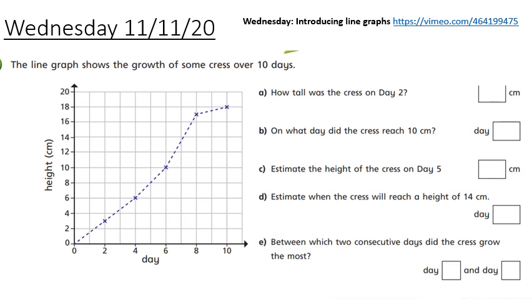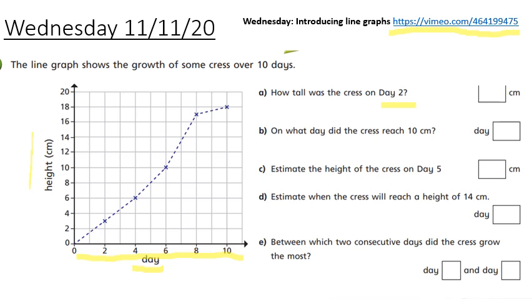So maths. In maths, it's introducing line graphs. I'm not going to talk too much because obviously you've got your video tutorial there. The only thing I am going to say is really look carefully at the labels, the intervals and the numbers. And when you're reading the questions, for example, this one says, how tall was the cress on day 2?